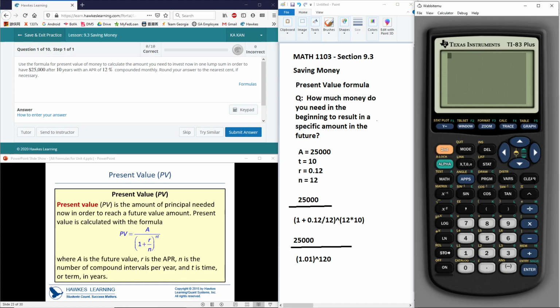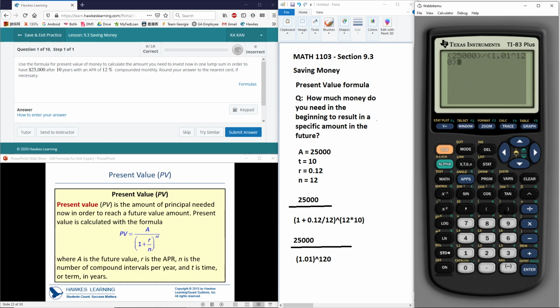And just put this whole thing in the calculator. When you put it in the calculator, you have to be very careful. Here's my rule. I put parentheses around everything in the numerator, then parentheses around everything in the denominator. So it'll be parenthesis, 25,000, close parenthesis, divide, that means fraction, parenthesis, 1.01, raise it to the power, this button right here, 120.